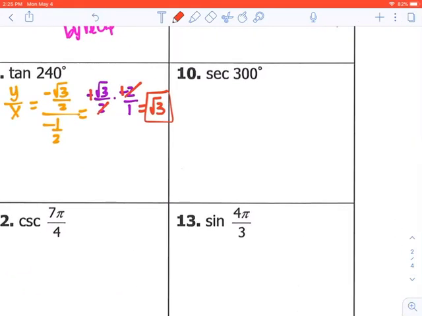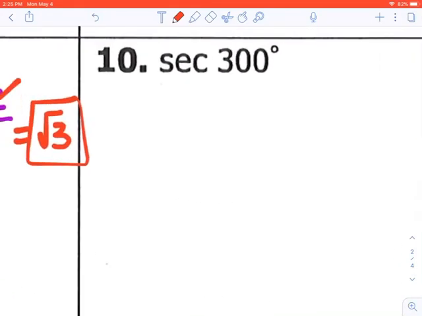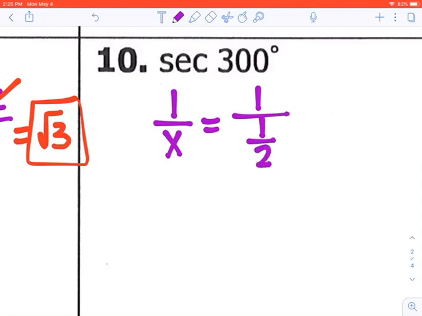Secant. So secant is the reciprocal of cosine, and the reciprocal of cosine is just going to be 1 over x. So if you look at the cosine of 300 degrees, you'll see that the cosine is going to be 1/2. And so you take 1 divided by 1/2, or you can just take the reciprocal of 1/2. And the reciprocal of 1/2 is 2.